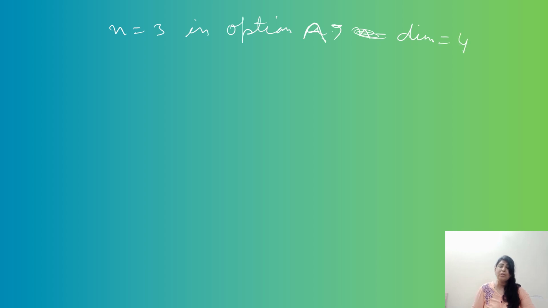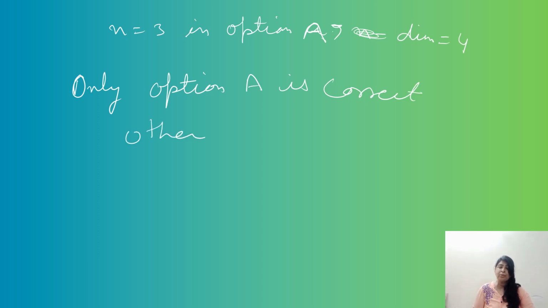For other choices you won't get dimension exactly as 4. So only option A is correct, others are incorrect.